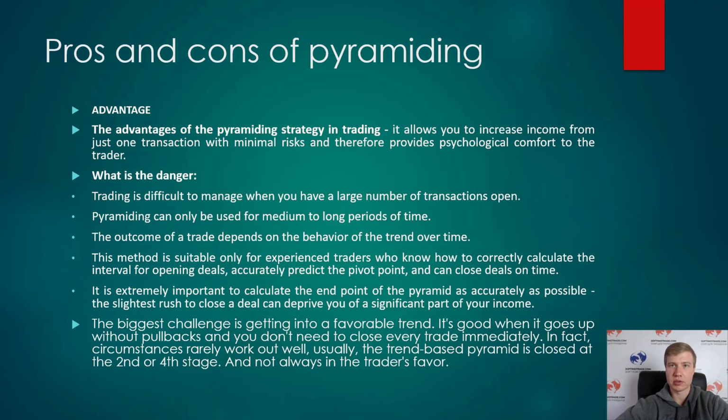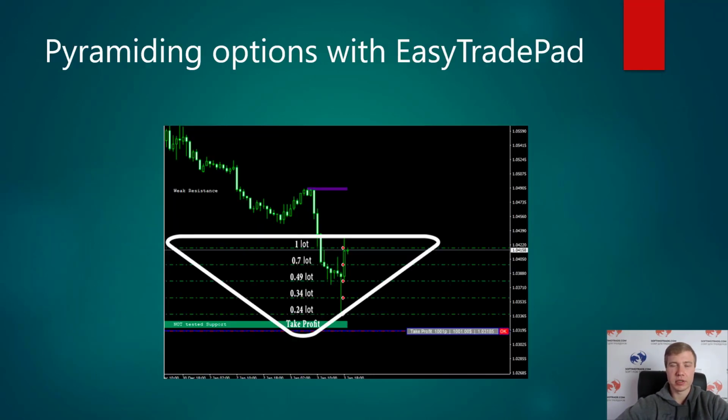Look at the support and resistance levels when opening a position. Also, the difficulty is that when you have several positions, they are more difficult to control. And the biggest difficulty is getting into a favorable trend. These are the highlights. Let's now look at the pyramiding options using EasyTradePad.